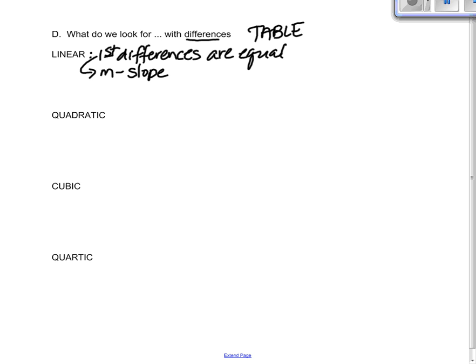We got that in grade 9 when we looked at just 2 points, which are really finding the first differences. But we said your slope comes from finding your first differences. If they are consistent throughout the table, all your first differences are equal, you have found the slope. With a quadratic, we know that the second differences are the same.